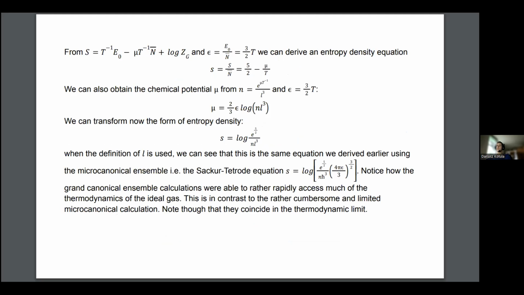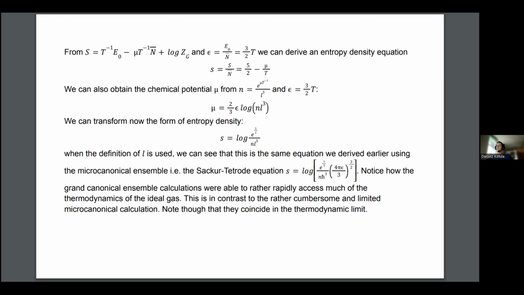Now, from the given equations, we can derive an entropy density equation. So entropy density, or entropy per molecule, small s, equals entropy S over the mean number of molecules N, and equals 5 over 2 minus the chemical potential μ over temperature T. We can also obtain the chemical potential μ, which is equal to 2/3 times epsilon times the logarithm of n times L cubed.